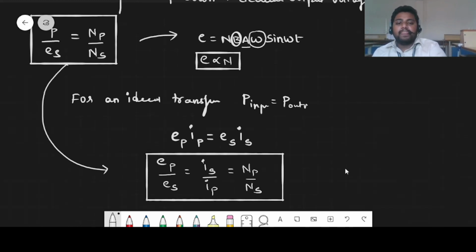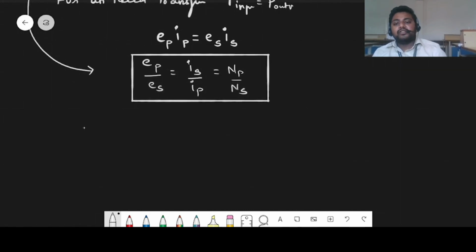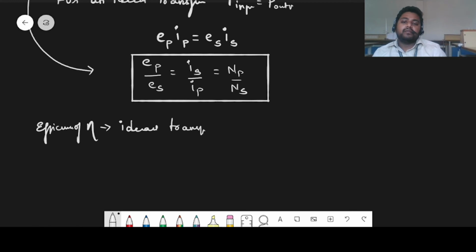So now if you are understanding the efficiency of an ideal transformer, it will be equal to 100% because power input will always be equal to power output.